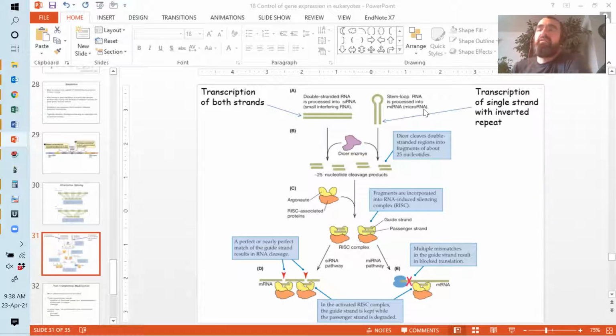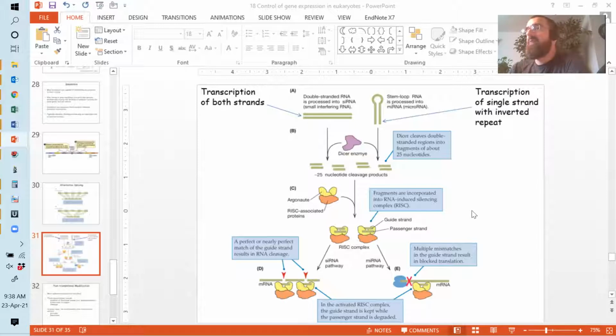And that, after some processing, will be used like a barcode scanner. It will be used to find the mRNA that it matches. That's a really key point. The non-coding RNA typically has a very strong match to its target.